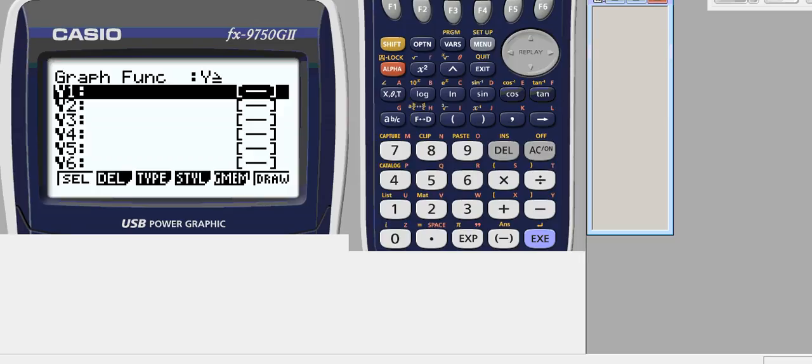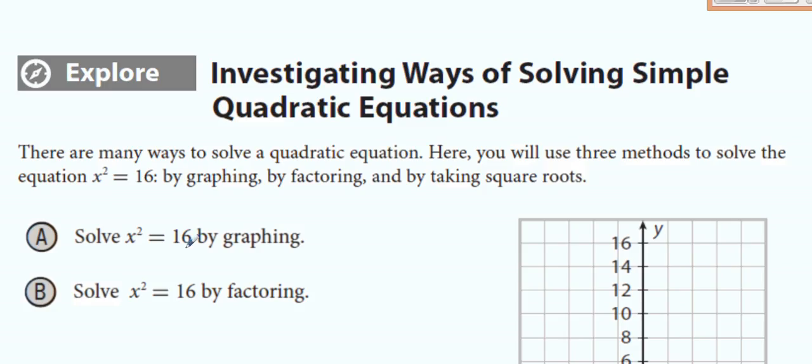You can enter each side of the equation as its own separate graph, so you could do the left side as y1 and the right side as y2. Or you could rearrange it, move the 16 over and do x squared minus 16. Doesn't really matter. I'm going to do it separately, left side and right side.